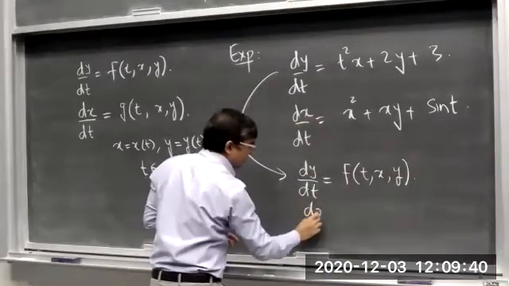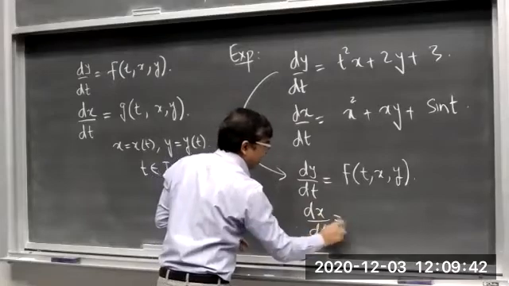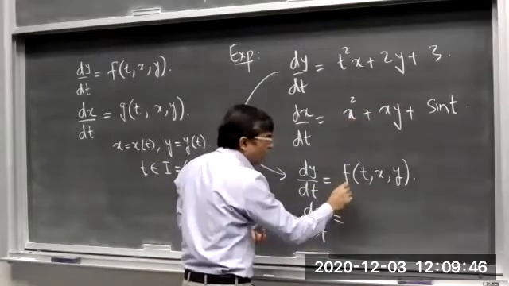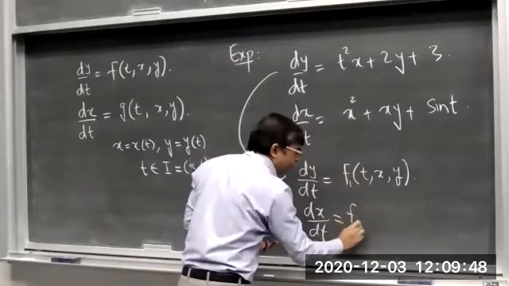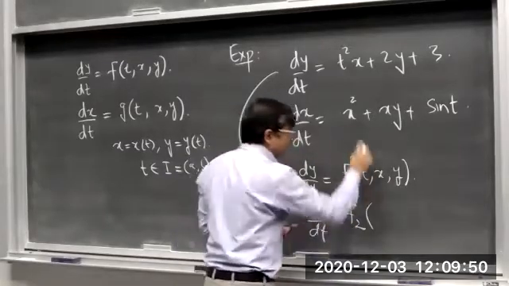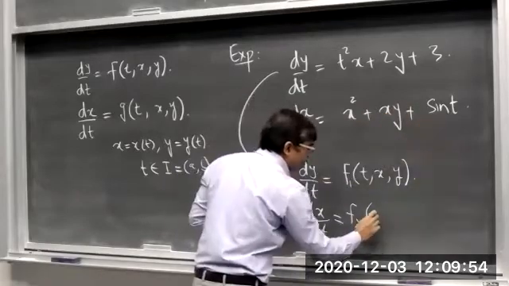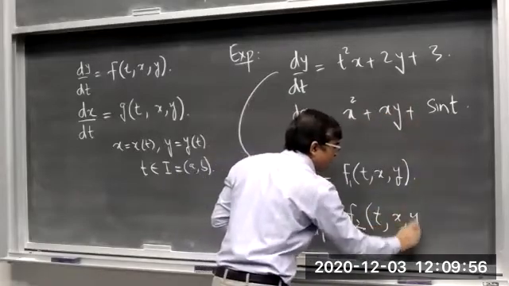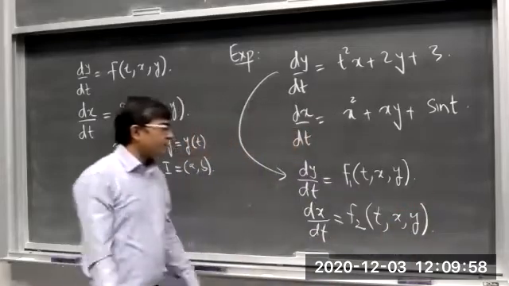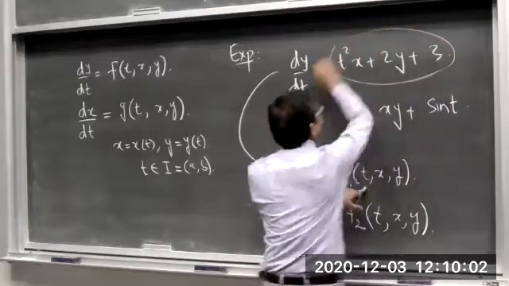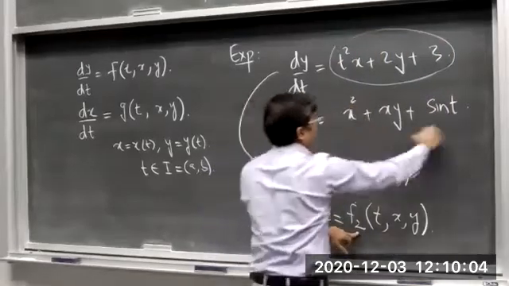Similarly, the other equation can be written as dx by dt is equal to some other function, we can call it f2, which is again a function of x, y, and t. Where f1 is this function, and f2 is this function.